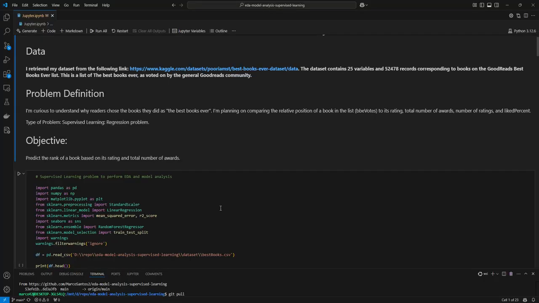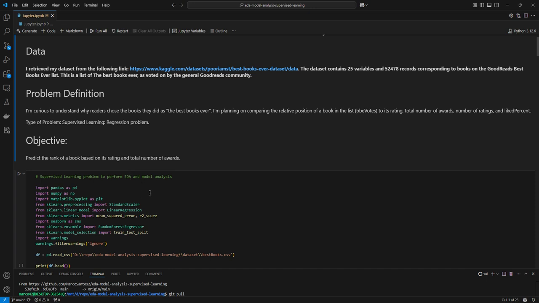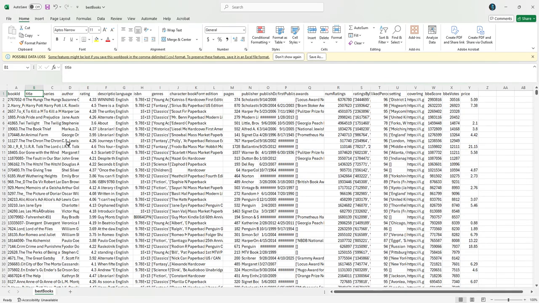All right, so to get started here, let's talk about the problem definition. I'm curious to understand why people chose a certain book as the best book ever. So I want to know if there are any features in this data set that can predict the best book ever votes or score.